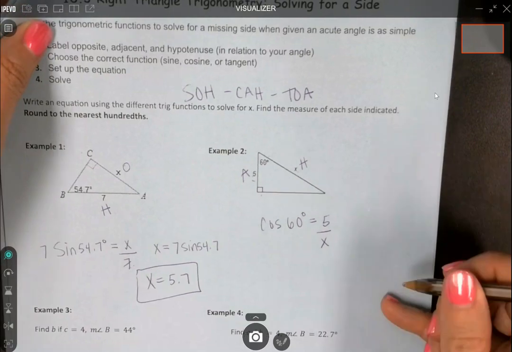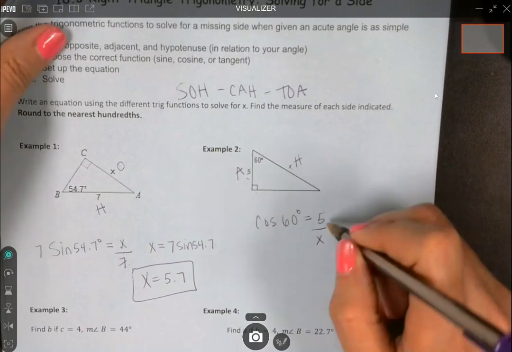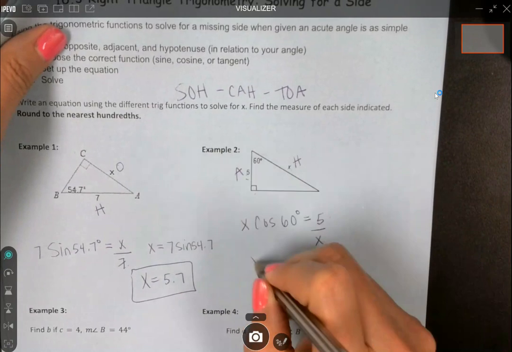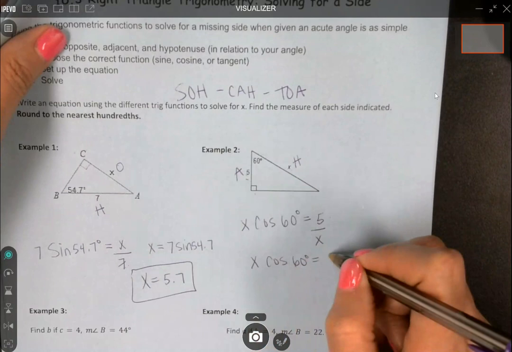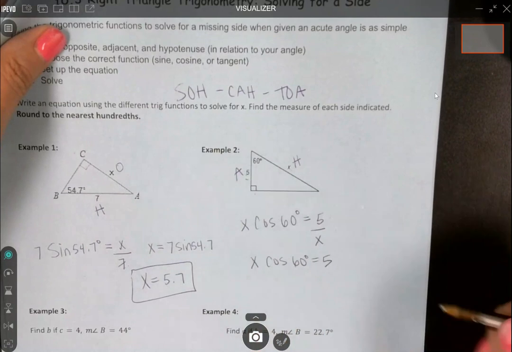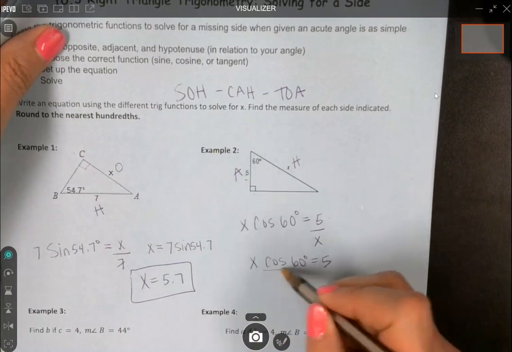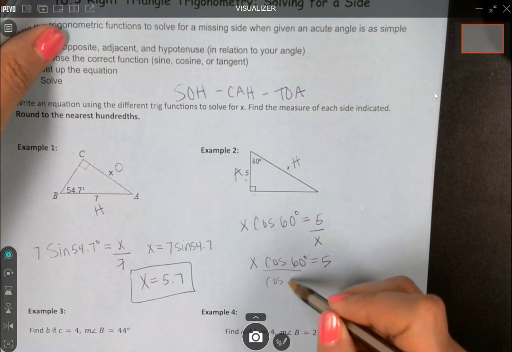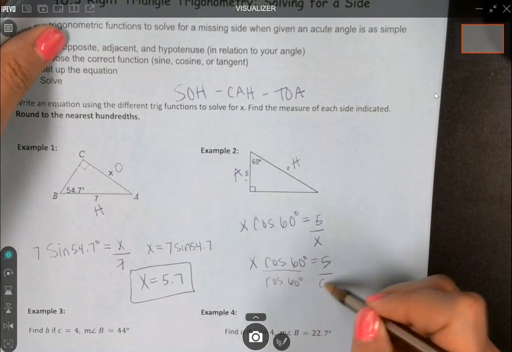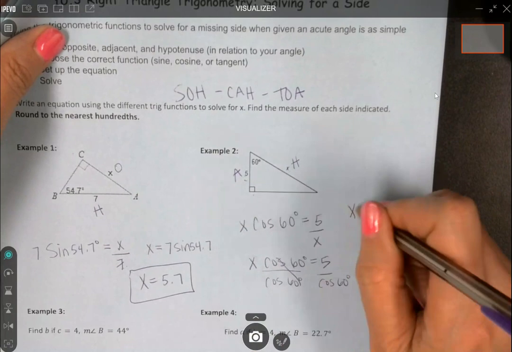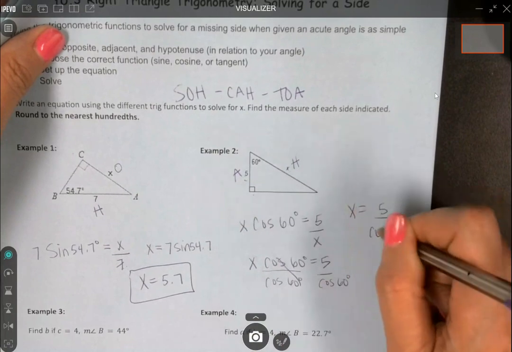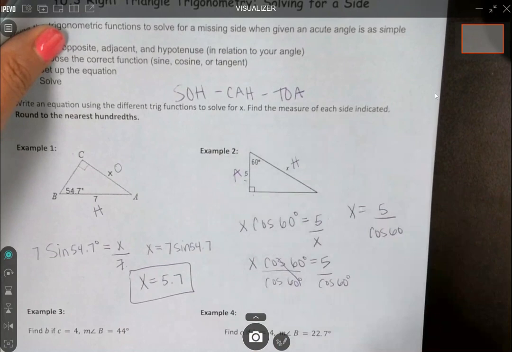Okay, I'm going to do the math and then I'm going to tell you a shortcut. So I'm going to times by X, just like we did on the other one. So we get X times the cosine of 60 equals 5. And then I need to get X by itself, so I divide by the cosine of 60. So X equals 5 divided by the cosine of 60.